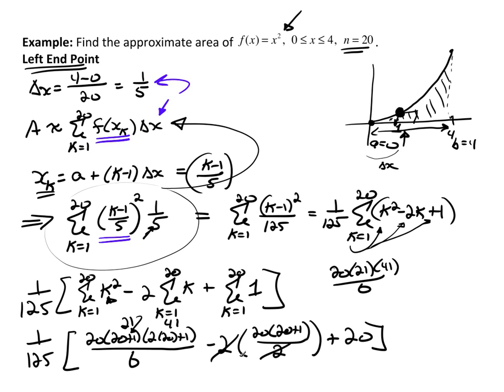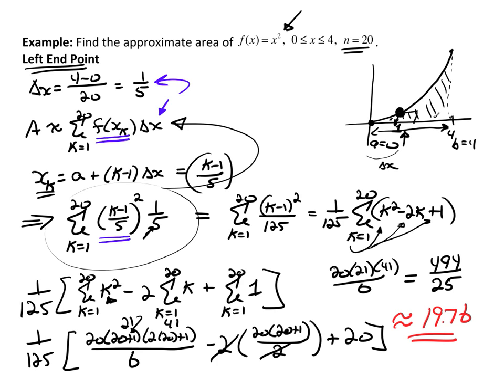And what you end up with when it's all said and done is 494 over 25, which is approximately equal to 19.76. So in terms of area, this is saying there's 19.76 square something.